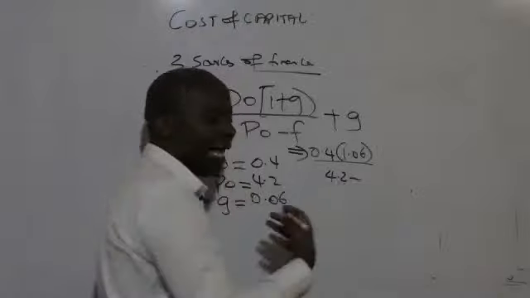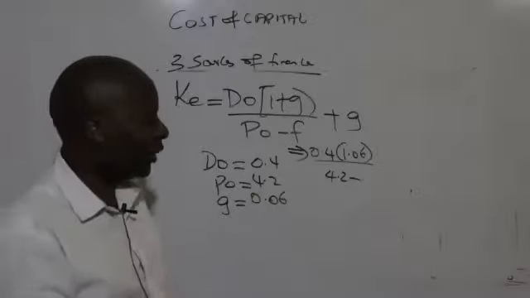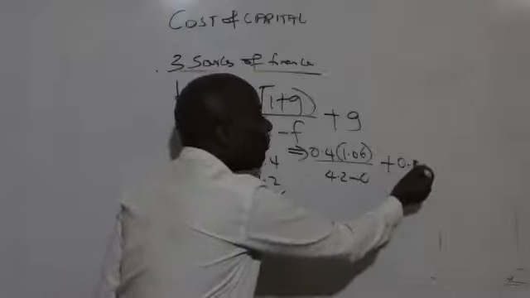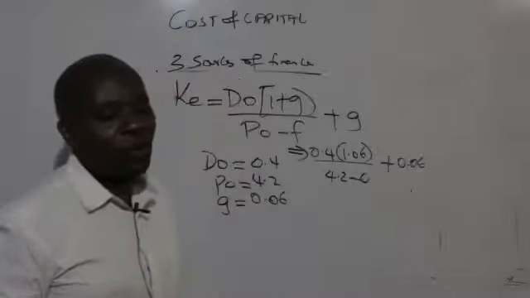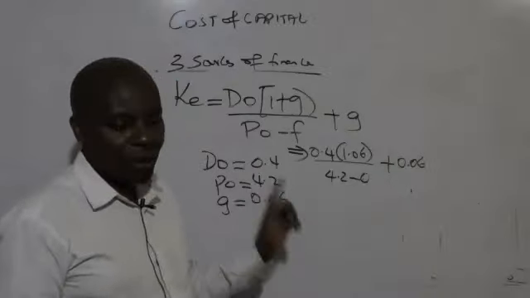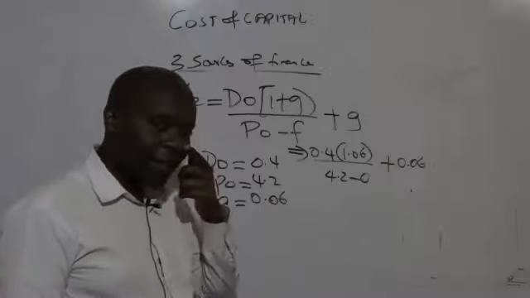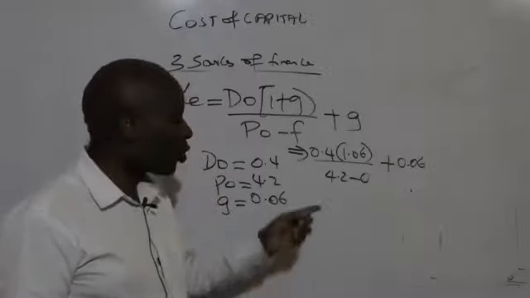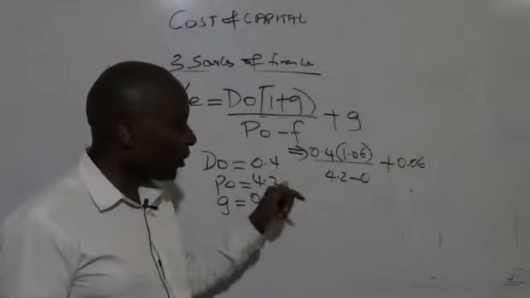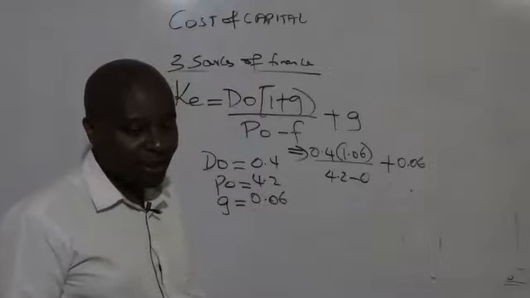We don't need any money to float our shares, nothing for marketing our shares, so the flotation cost there is 0, plus the growth rate, which is 0.06. You have to be careful here. So you're talking of 0.4 times 1.06 divided by 4.2 plus 0.06. Please give us an answer here.